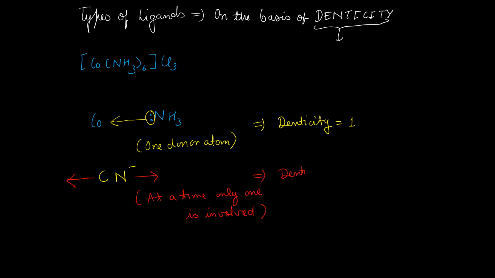will also be 1. Now by these two examples, it is very much clear that denticity is basically the number of donor atoms available on any ligand for bond formation simultaneously, right?